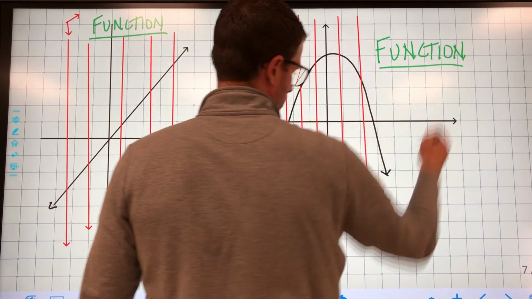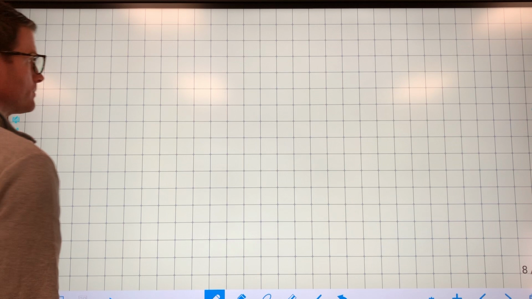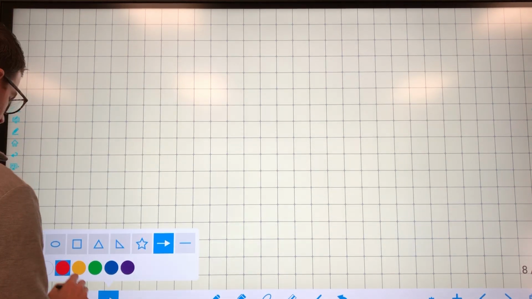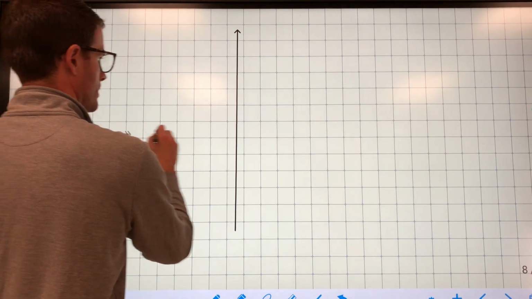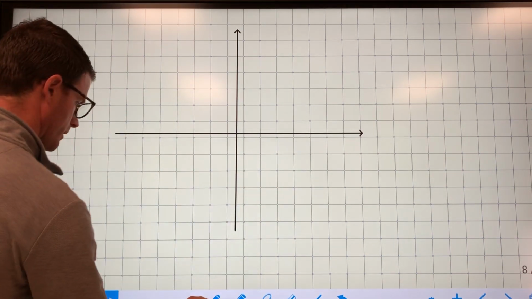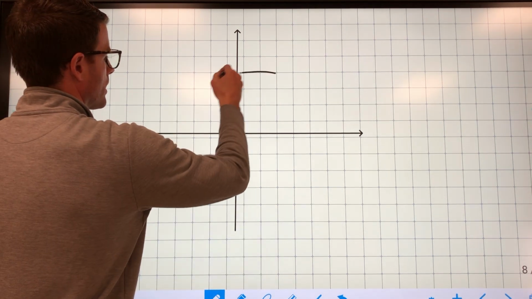One more. Our graph will be here, and here's what our graph looks like.